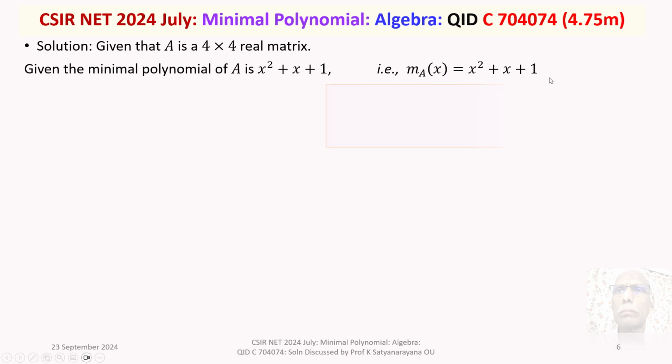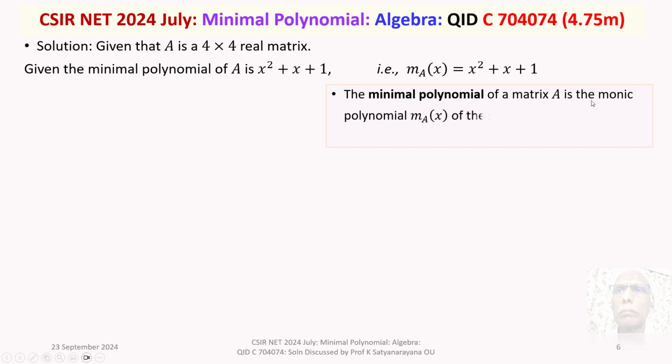Let us recall the definition of the minimal polynomial of a matrix. It is defined as the monic polynomial, where monic means the leading coefficient is 1, the monic polynomial m of the smallest degree such that m of A is equal to 0.